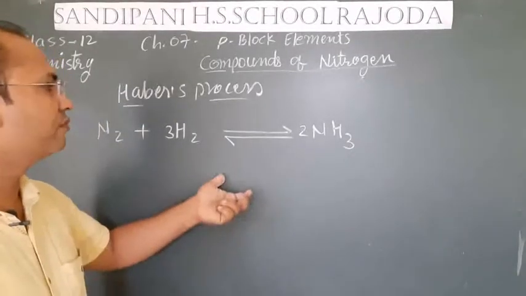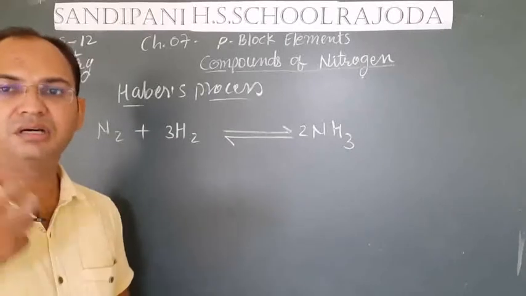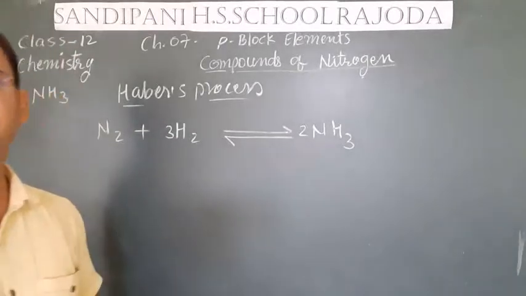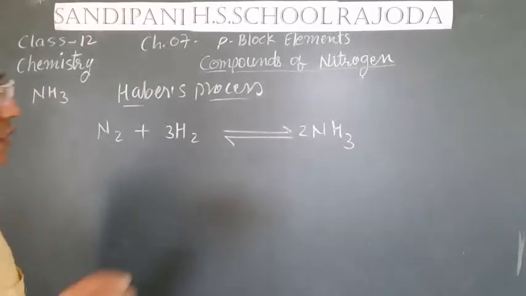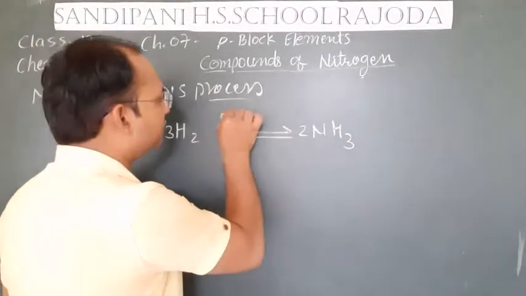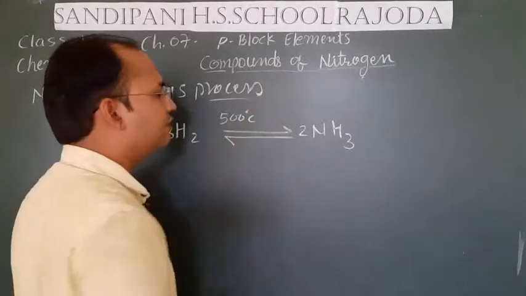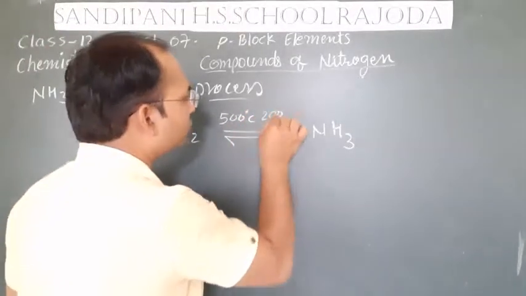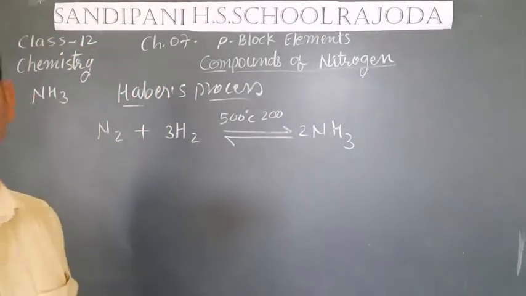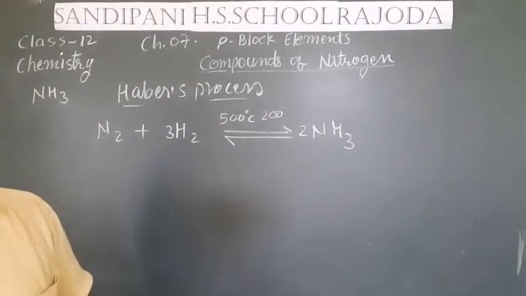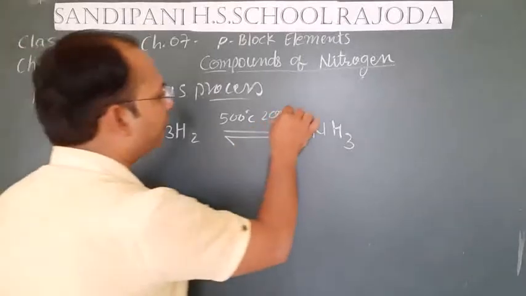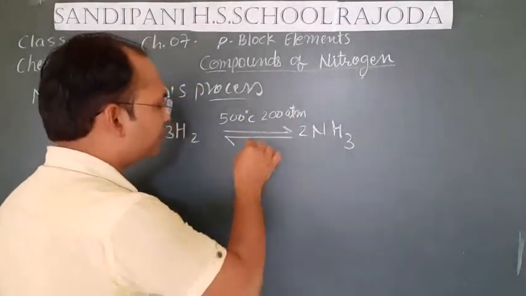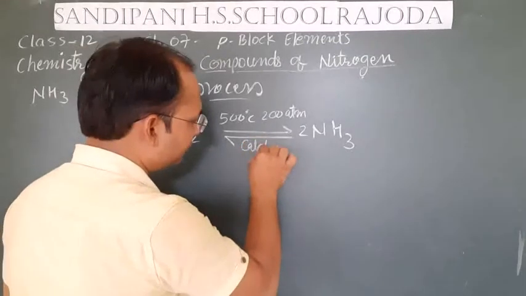But here we have to create a high pressure and high temperature along with the presence of the catalyst. Here we have to provide 500 degrees Celsius temperature along with 200 atmospheric pressure, along with the presence of catalyst.